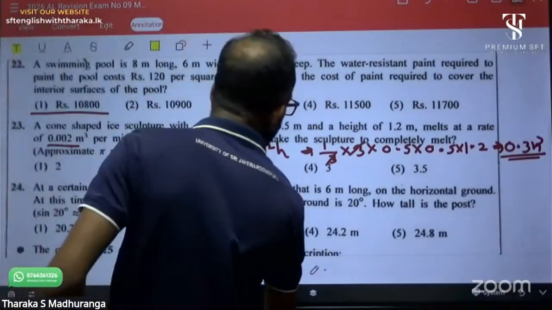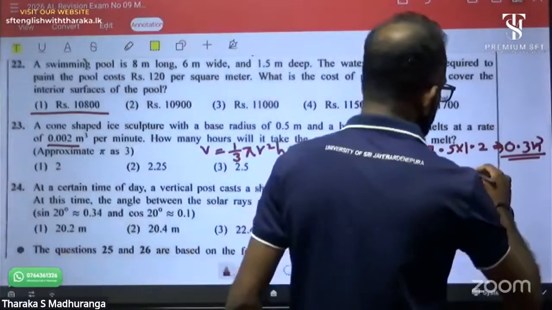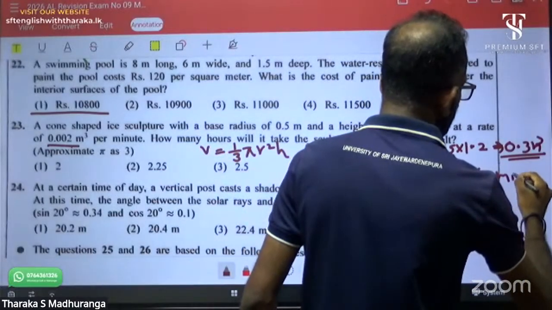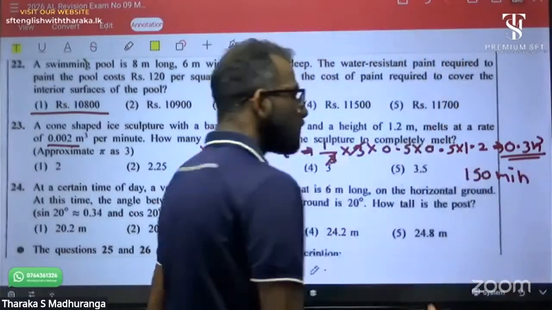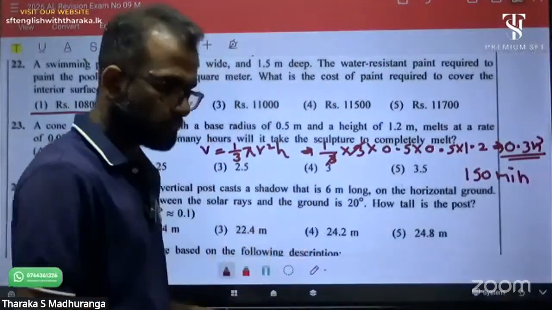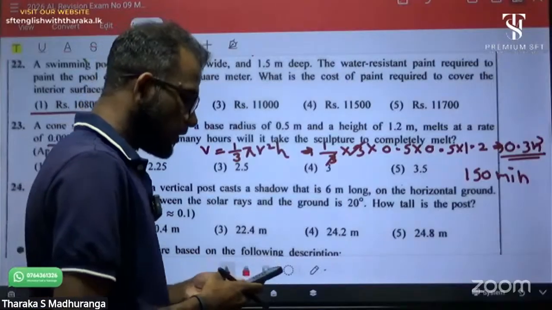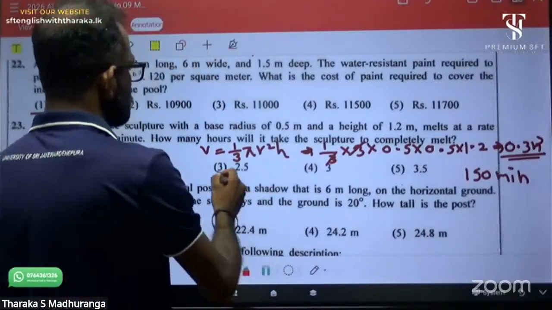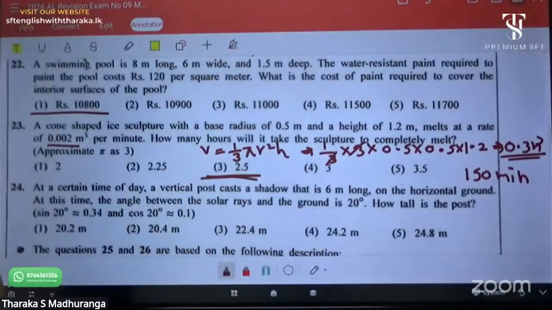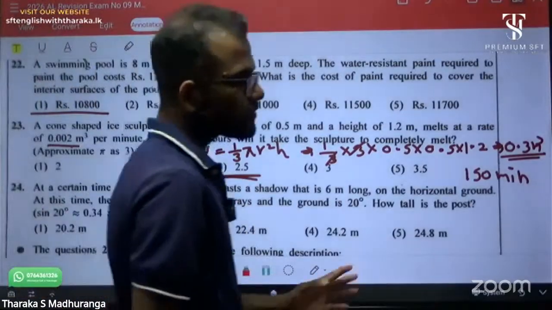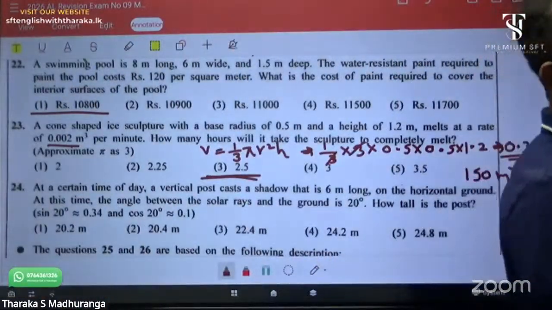It is 150 minutes. 150 minutes means how many hours? You can divide by 60. 150 divided by 60, it is 2.5 hours.